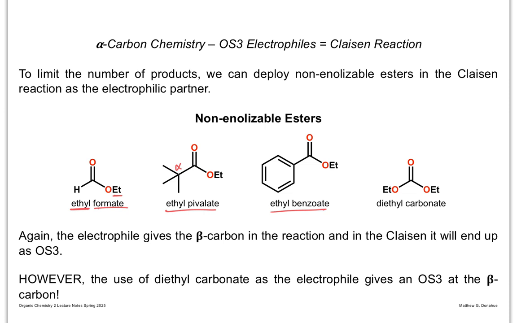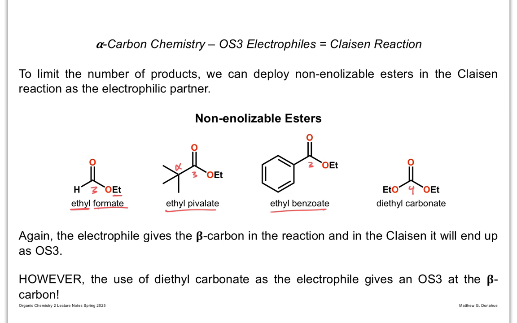So 3 oxygens, what's the oxidation state of the central carbon? So that's 4, 3, 3, and 3. So notice again when you do a Claisen, there's a reduction, right? The beta carbon goes from 3 to 2.